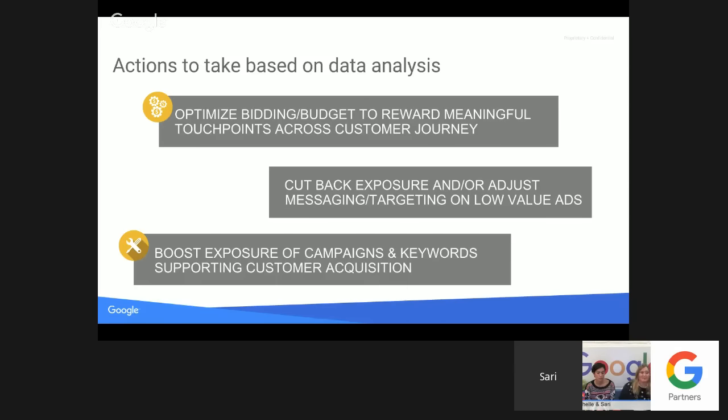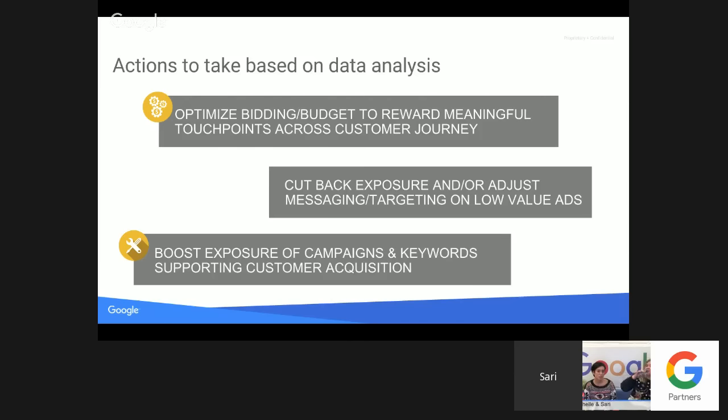Right. So we went through a few reports, and here you can see what actions you can base on all of this. Now we understand what implications the standard attribution model has, we can focus on three things.